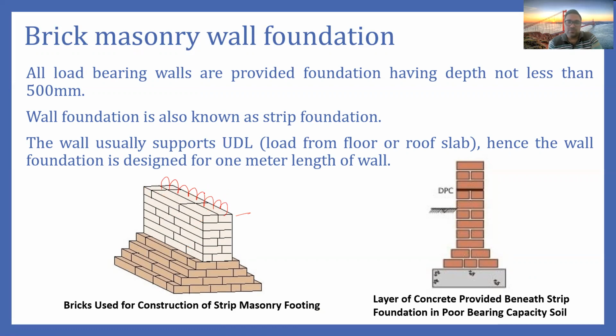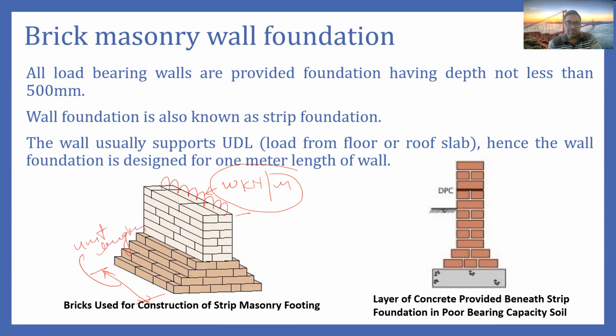Therefore, in this case, this load will be W kilonewton per meter. Whenever we calculate the load, it will be load per meter length. Therefore, generally we design the wall foundation for a unit meter length. Because the load is UDL, we generally design the foundation for unit length, and this unit length can be 1 meter.